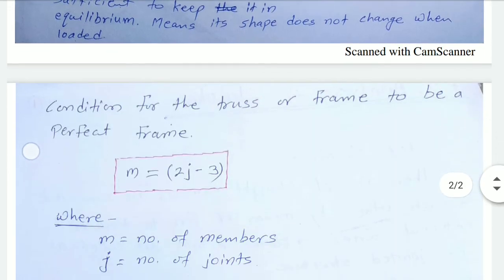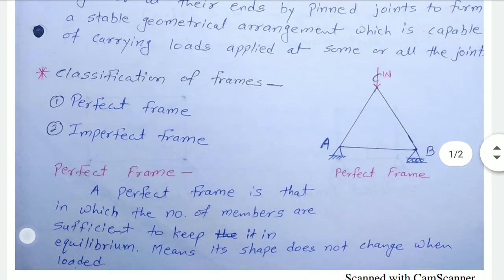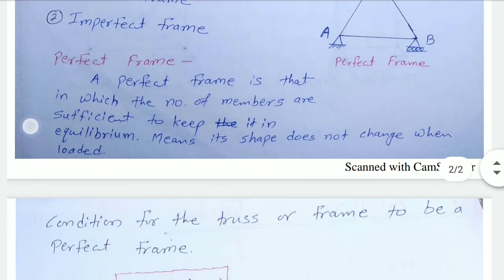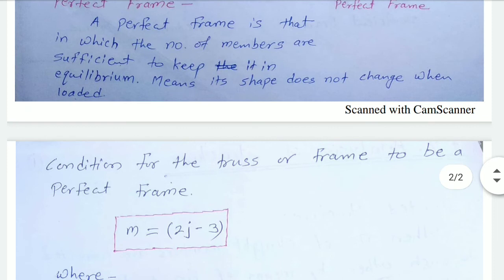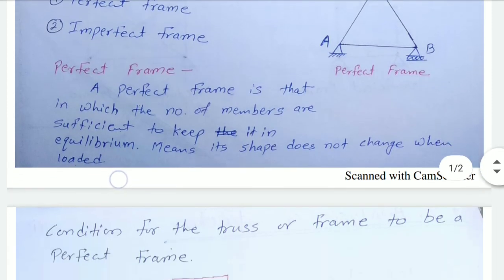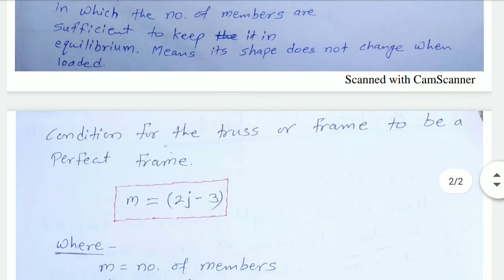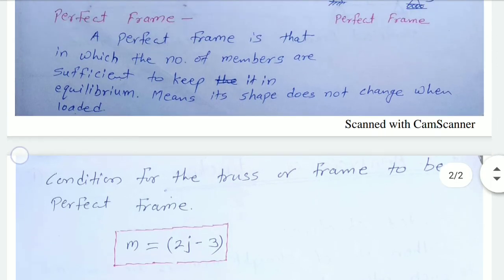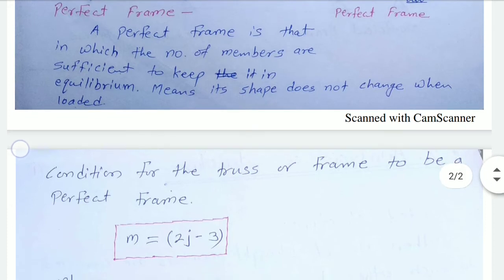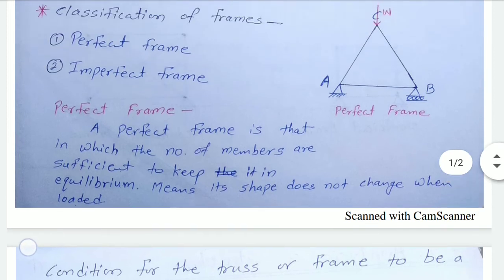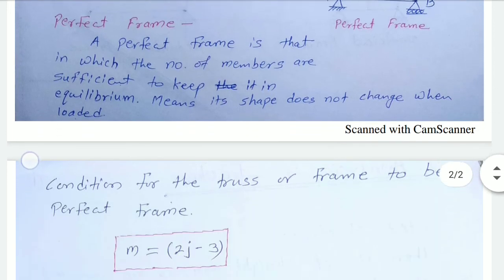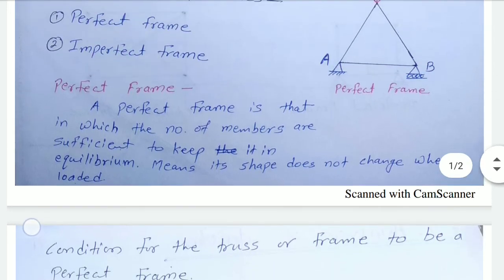Since it is a numerical subject, we know the condition by which we can call a frame a perfect frame. The condition for a truss or frame, because it is a triangular shape, to be a perfect frame is m is equal to 2j minus 3, where m stands for the number of members, here 3, and j stands for the number of joints.